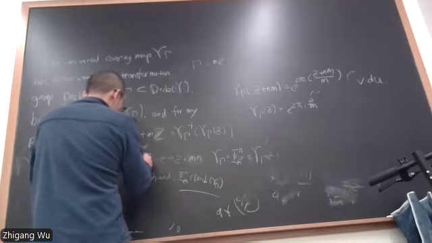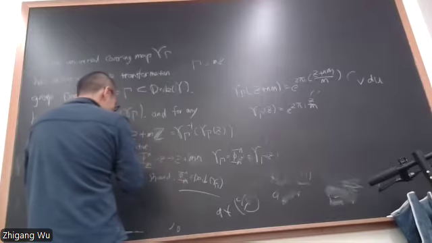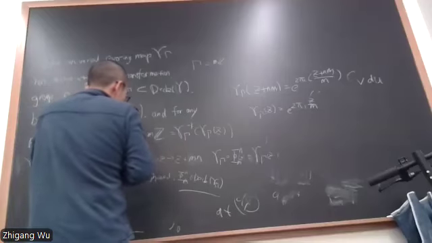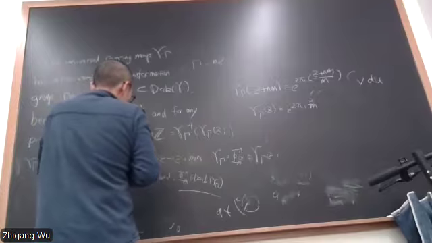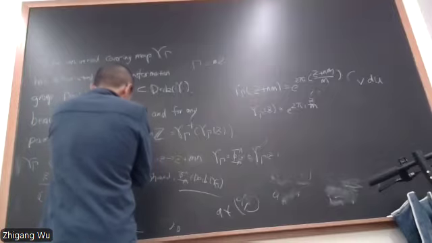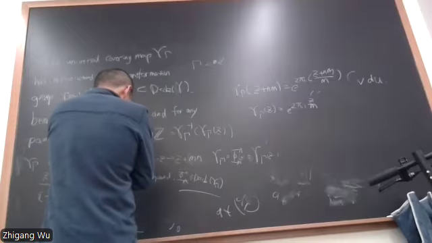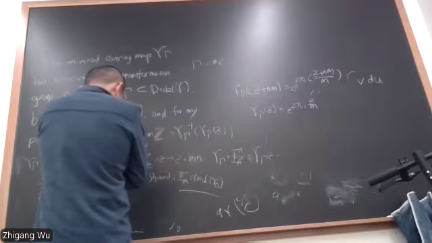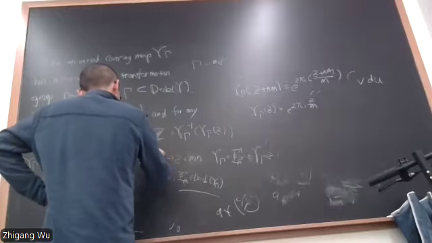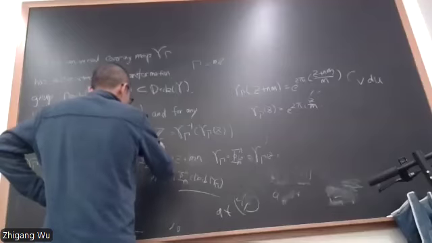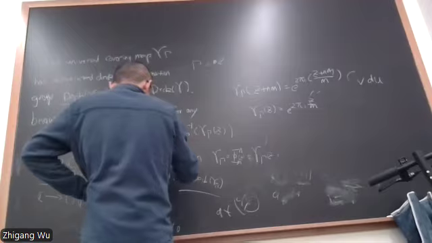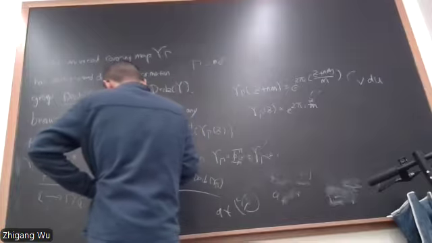So why is it surjective? In order for you to check surjectivity, maybe instead of mapping it to this space, let's map it to just, how do I write it?